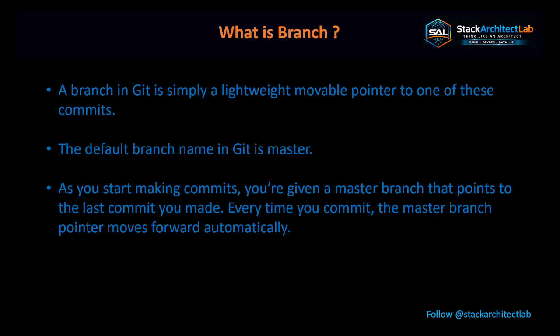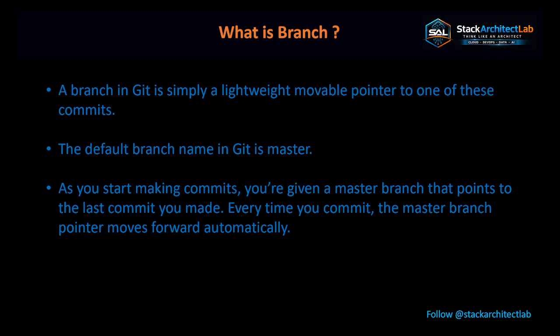One thing you need to understand is that this master branch in Git is not a special branch. It is exactly like any other branch. The only reason nearly every repository has one is that when you initialize the repository with the git init command, it is created by default.